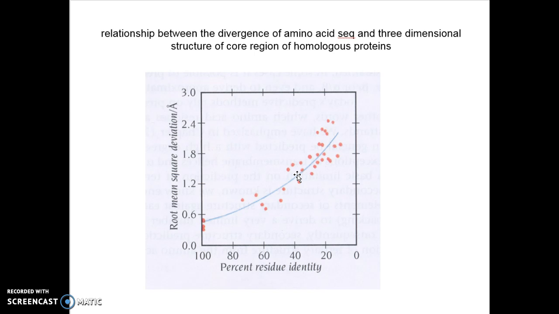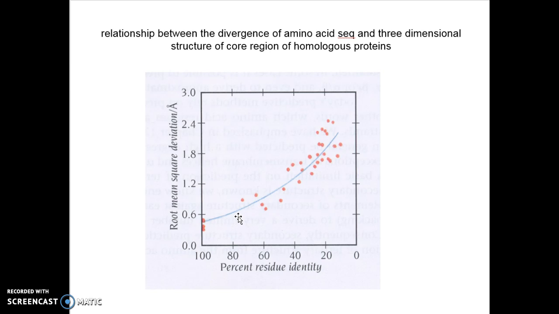So the greater the sequence identity, the more closely related are the scaffold structures. This has important implications for model building of homologous proteins.